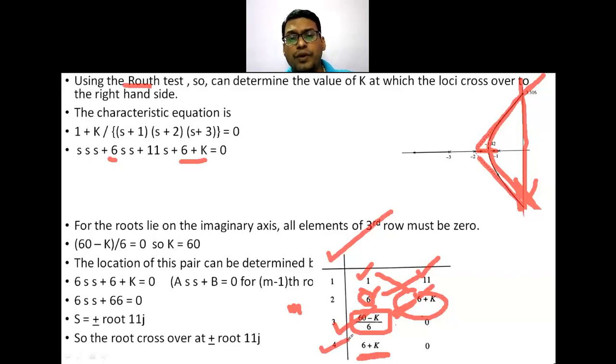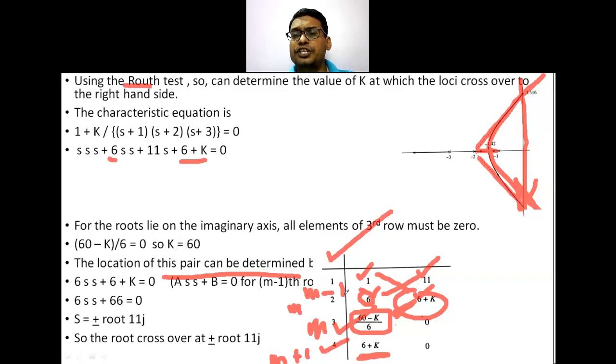Now the location of the pair can be determined, and the values of k obtained, from the auxiliary equation As square plus B equal to 0 for the m minus 1th row. What is the m minus 1th row? This is my mth row, this is the m plus 1th row, and the second row is the m minus 1th row.